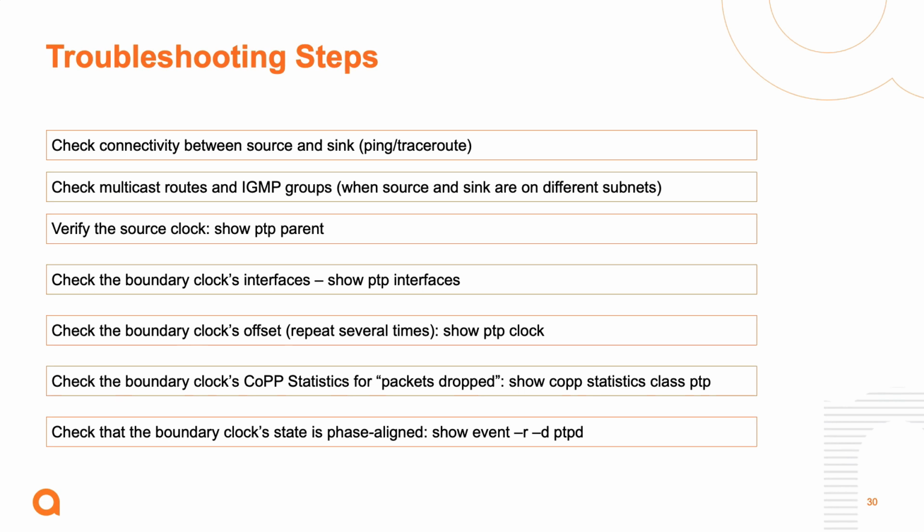So let's take a look at the different commands that we mentioned before. The show ptp interface brief will tell you the role that each port has, and this display here is from a boundary clock. It's showing you that port 1 is a sink, so that is my connection to the parent, and then the lag 240 is a source for some sinks.